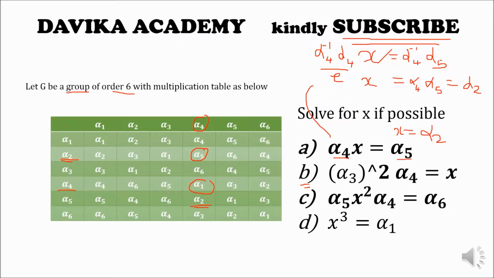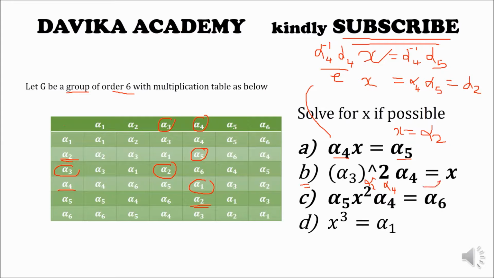Now let's look at B. Now for B, we have alpha 3 squared. So alpha 3 squared means alpha 3 by alpha 3, which is giving us alpha 2, and then this becomes alpha 2 by alpha 4.